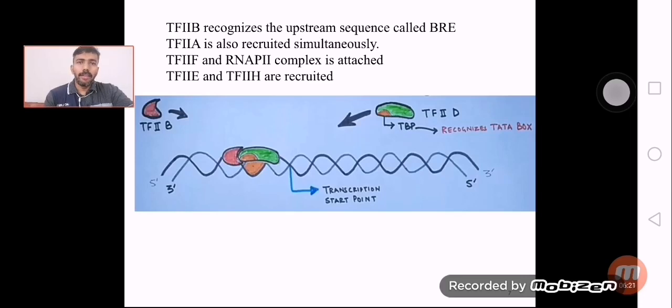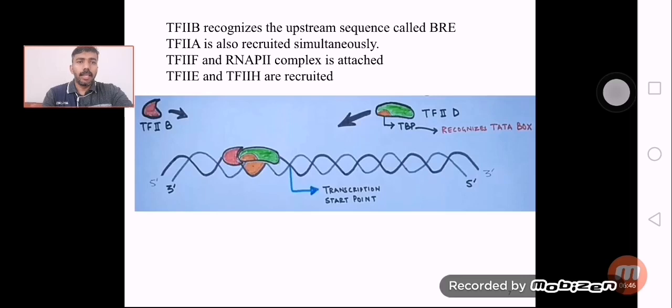And only after a stable complex has been formed, the next factor, the most important factor, what we call the RNA polymerase enzyme, will attach to the site. So they will stabilize the structure. The factors like B and A are important for a successful transcription initiation to commence.